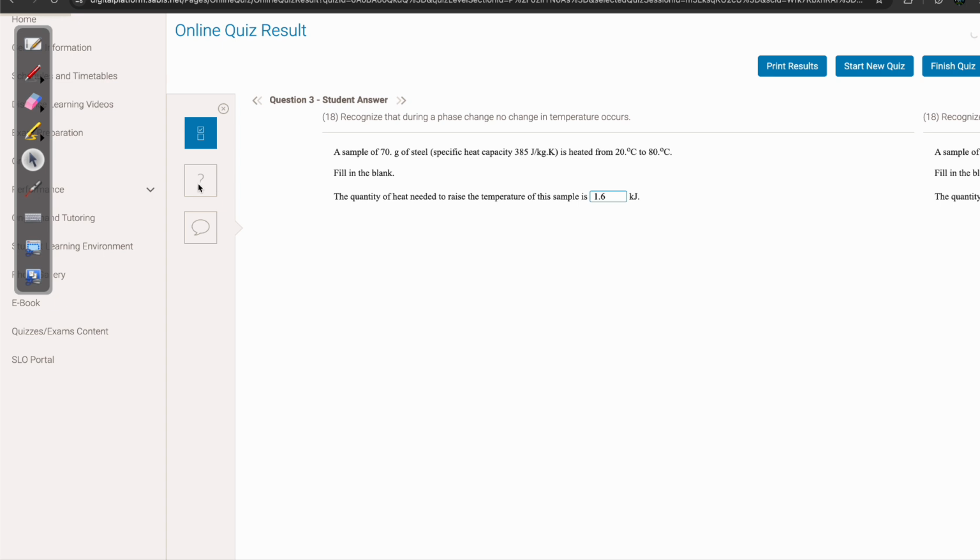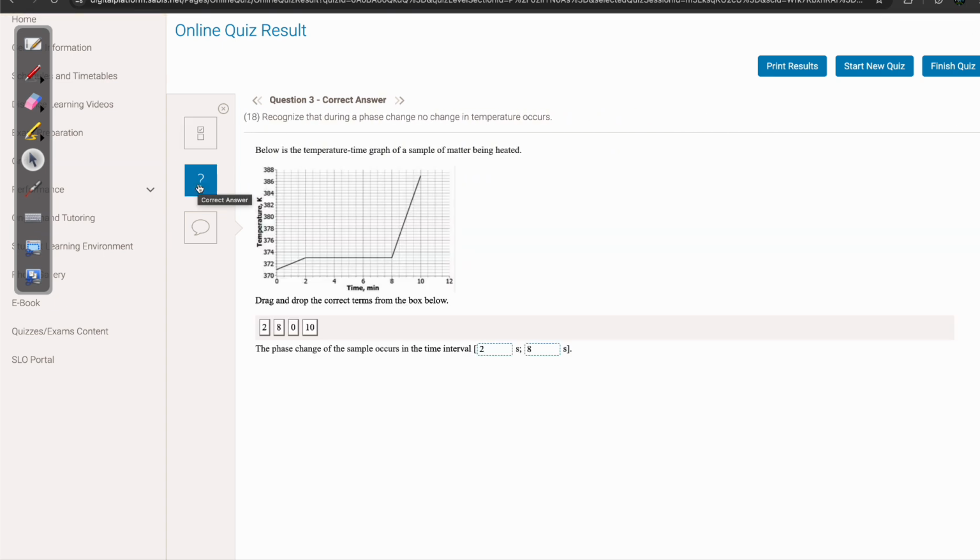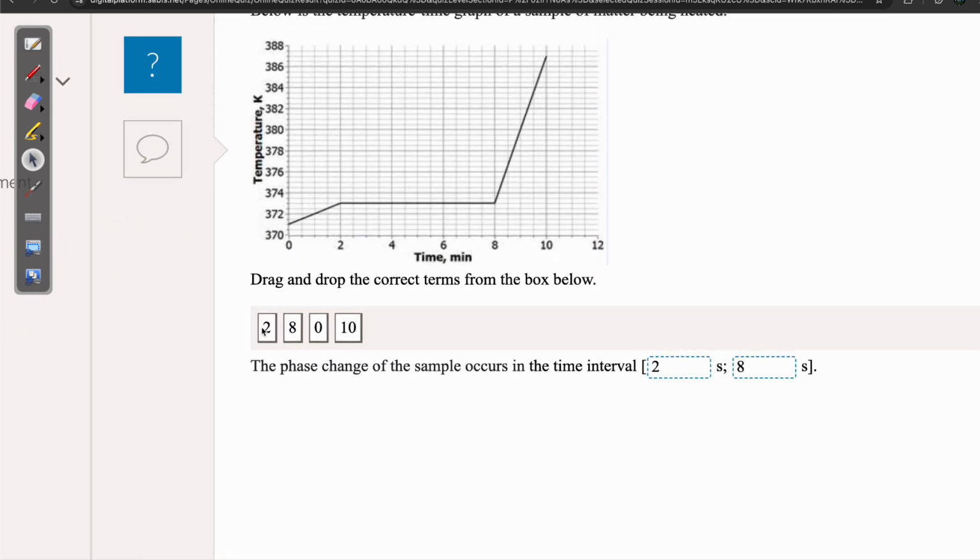Number 3. Below is the temperature time graph of a sample of matter being heated. Drag and drop the correct terms from the box below. The phase change of the sample occurs between the time interval. Okay, look.